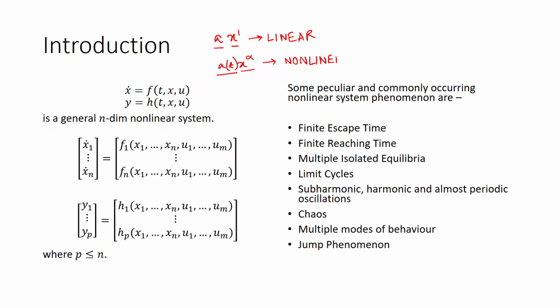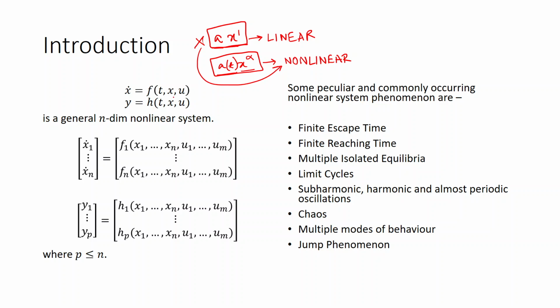And it is not necessary that this has to be a polynomial type of term, it can be any other term also. Anything which is not like this is basically nonlinear.